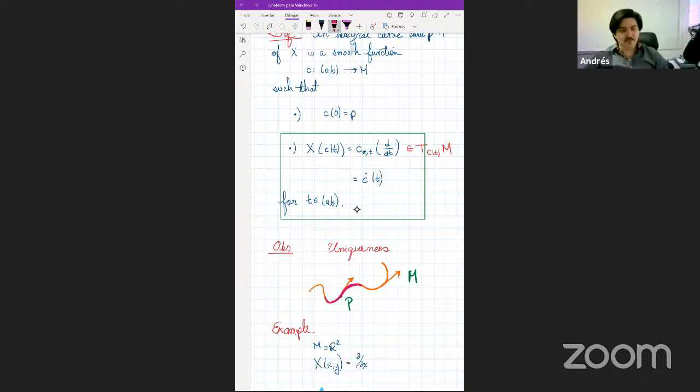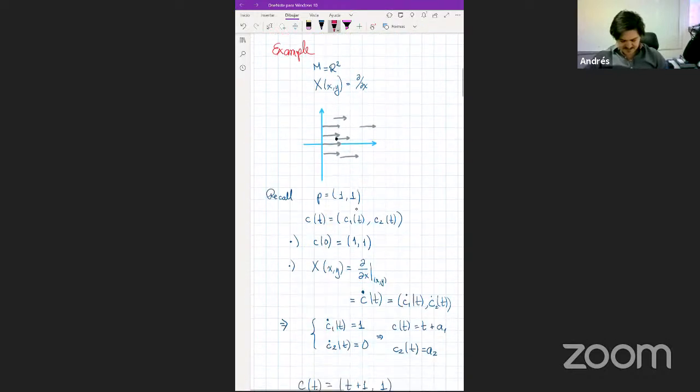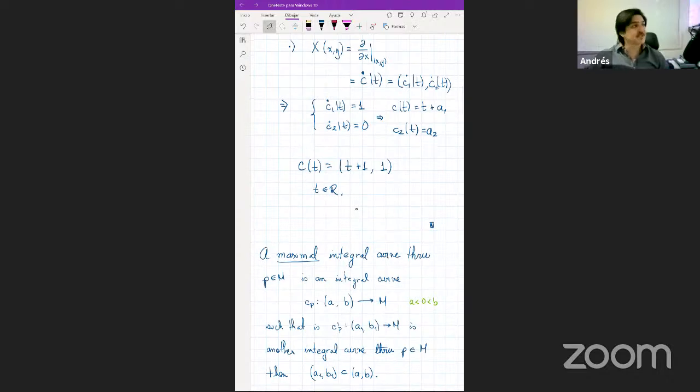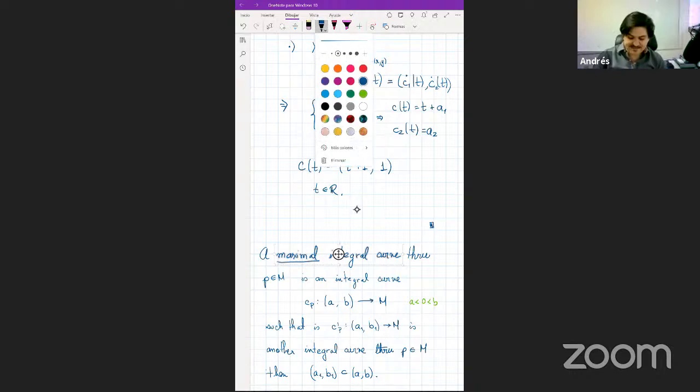And I wanted to talk about this because sometimes it's convenient to have the concept of a maximal integral curve. That's when the domain of the curve is the largest that you can take.